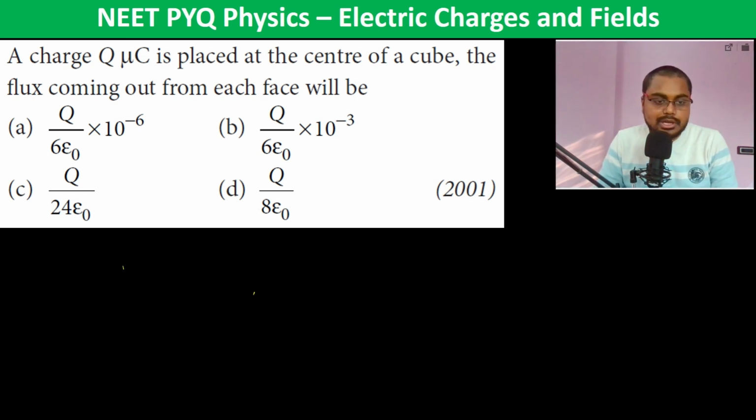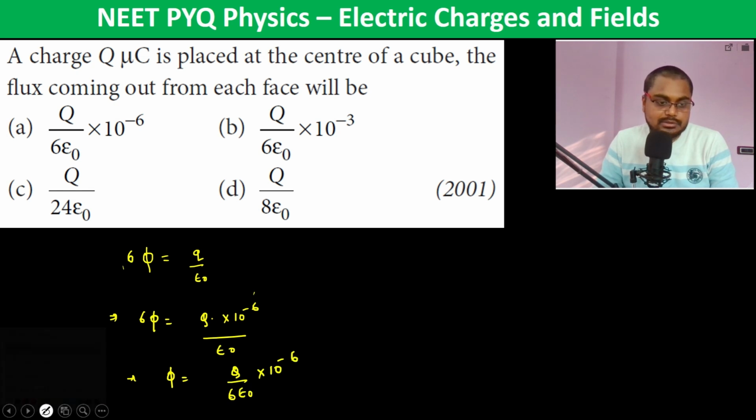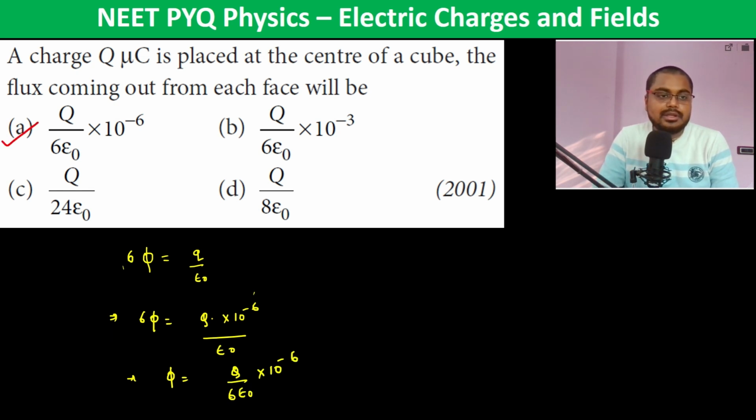So if we consider phi as the flux due to one face, 6 phi is going to be the total flux, which is q divided by epsilon naught. The charge is q microcoulomb, so 6 phi is equal to q times 10 to the power minus 6 divided by epsilon naught. So the flux from one face is going to be q by 6 epsilon naught into 10 to the power minus 6. So the answer is going to be A.